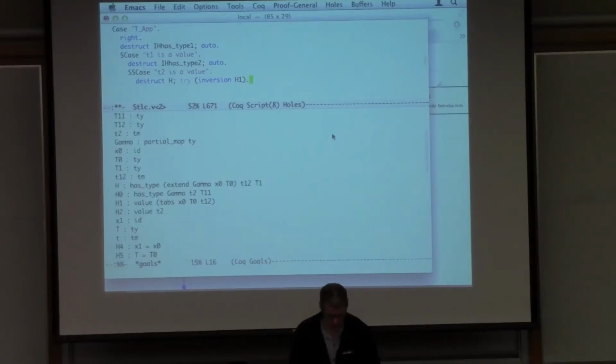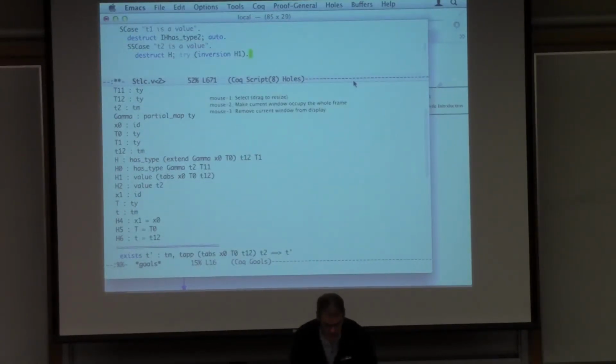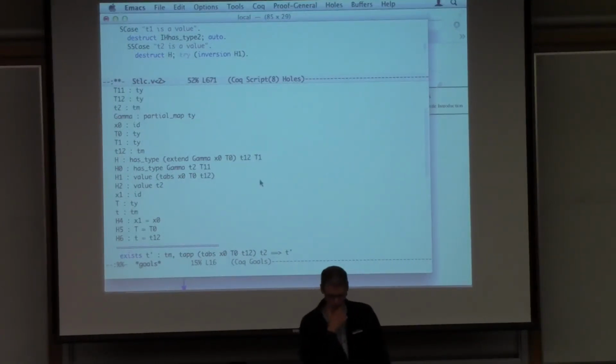Okay, so it seemed to deal with maybe all but one of the extra cases. Let's keep needing to make this window bigger. Okay. What do we need to do at this point? Where are we?